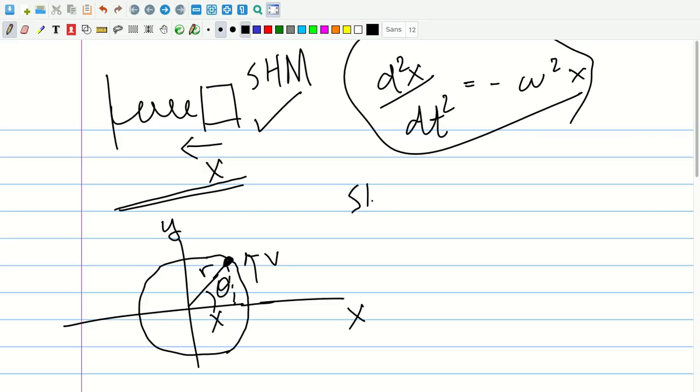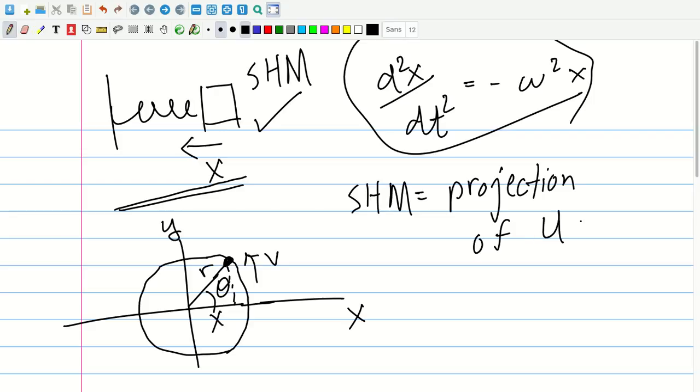So simple harmonic motion is basically the projection of uniform circular motion, UCM, onto the x-axis.